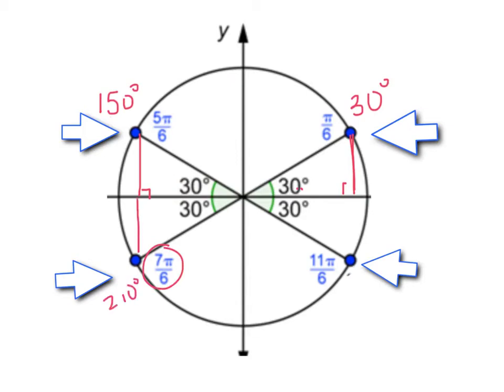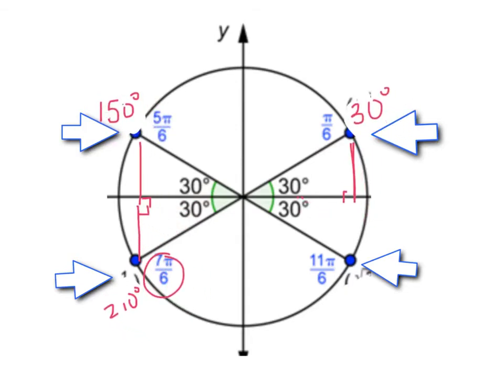That triangle would be drawn to the x-axis, and its reference angle would also be 30 degrees. For 11 pi 6, that's 330 degrees. Its reference angle is also 30 degrees. So all of those have the same positive 30-degree reference angle.